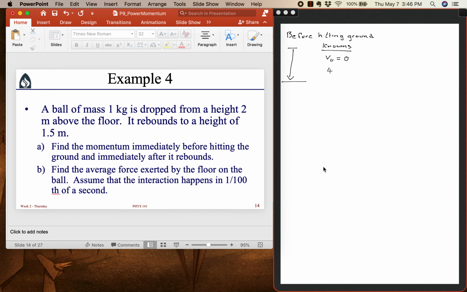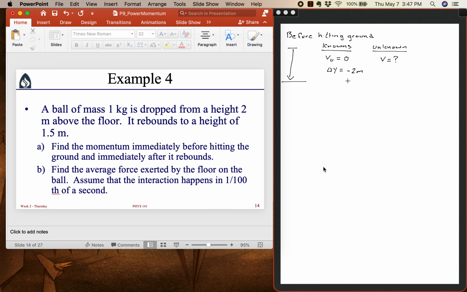We know that the change in the y position is going to be minus 2 meters because it falls 2 meters in the negative y direction, in the downward direction. And the thing that we want to find, our unknown, is the final velocity of the ball, because if we know the final velocity, we can then find the momentum right before the ball touches the ground.